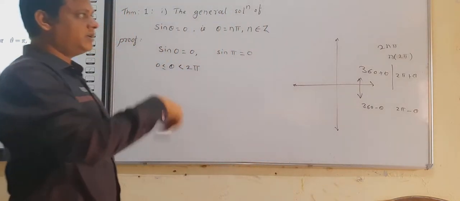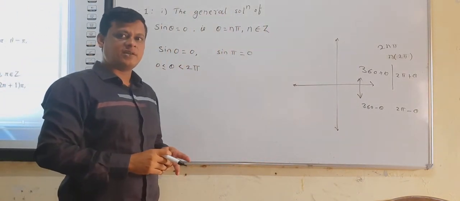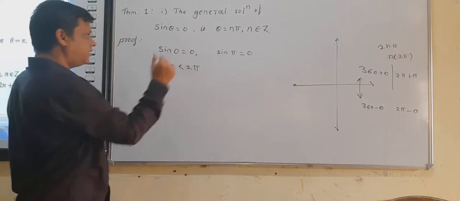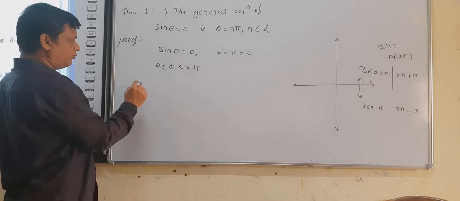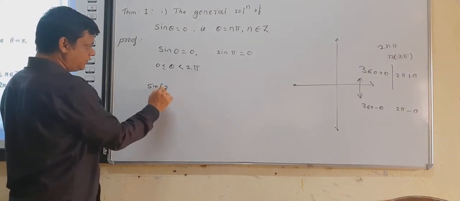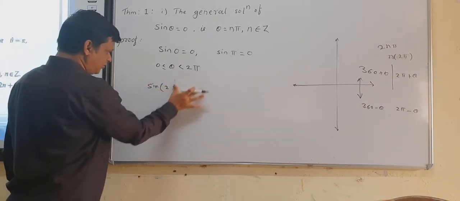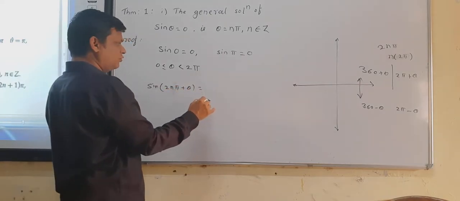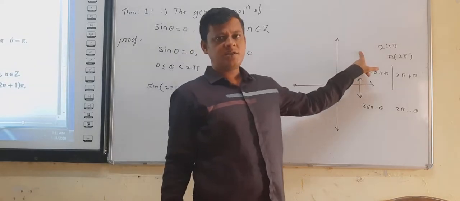That means after completing one cycle, we get the same value. So for the trigonometric formula, sin of 2n pi plus theta is equal to, this value is in the first quadrant.